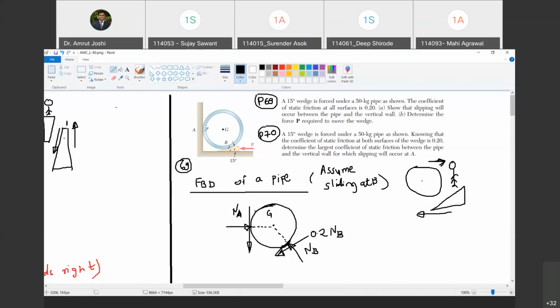Are you with me? Yes, sir. So that is what we have to check: when this surface provides its maximum frictional resistance, what happens at A is the question. Are you with me? Yes, sir.